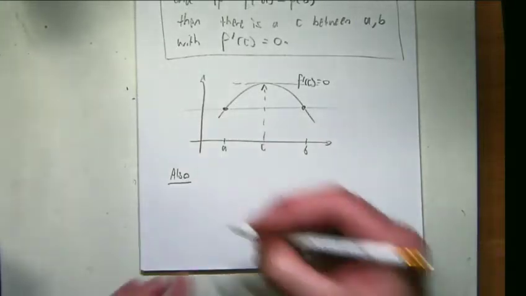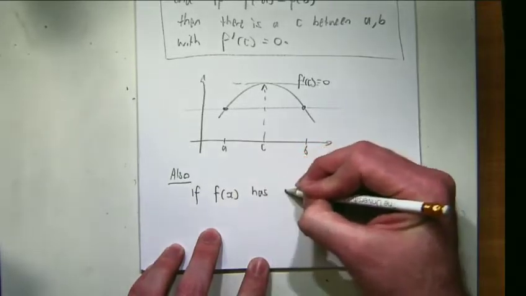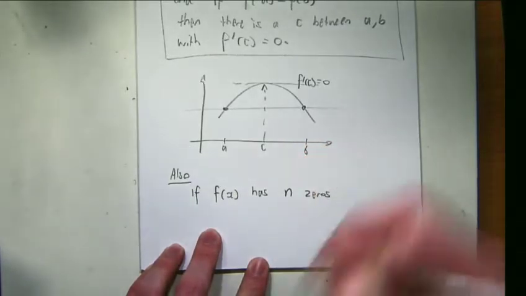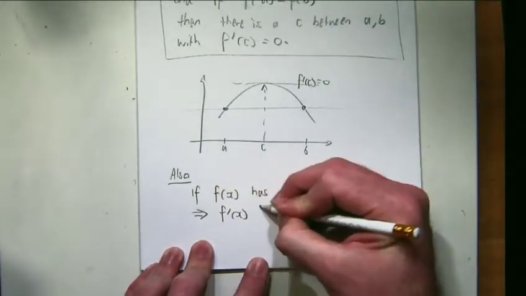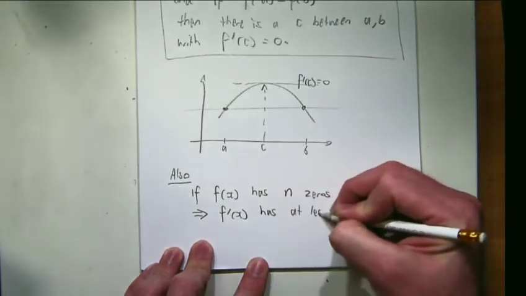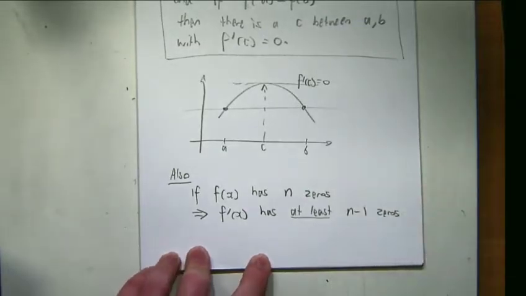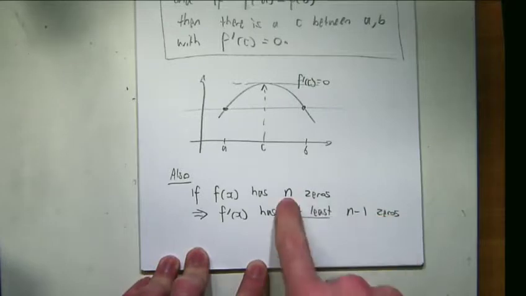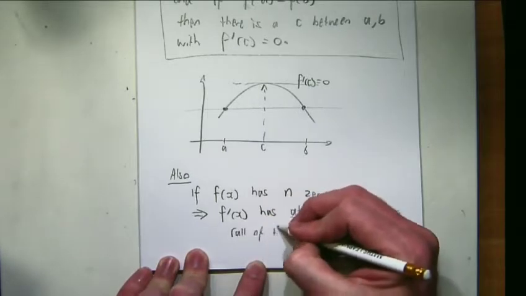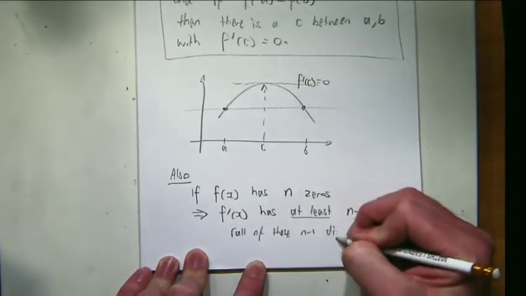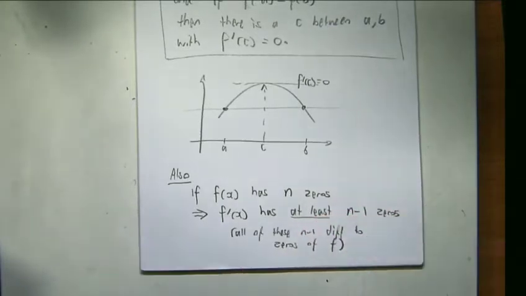What it says is that if f of x has n zeros, then we know that f dash x has at least n minus 1 zeros. None of those n minus 1 are equal to the n zeros of f. All of these n minus 1 are different from the zeros of f. That's the most useful one.